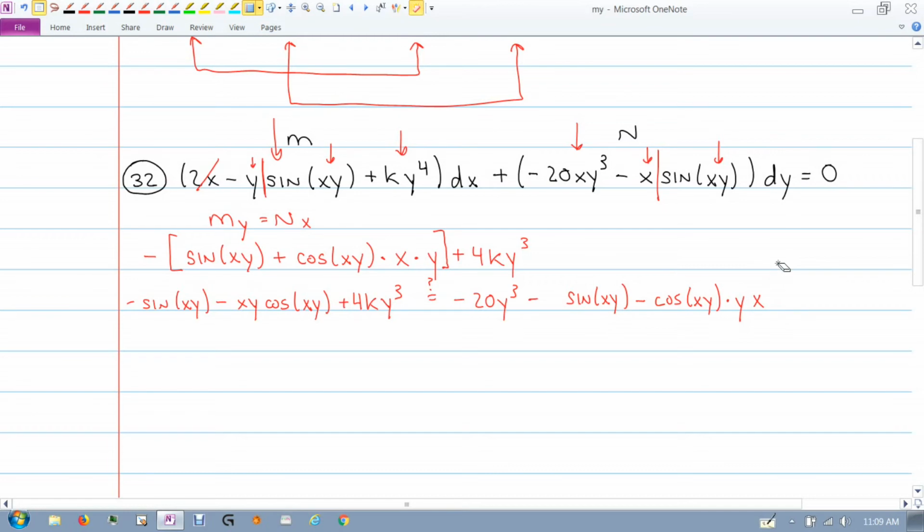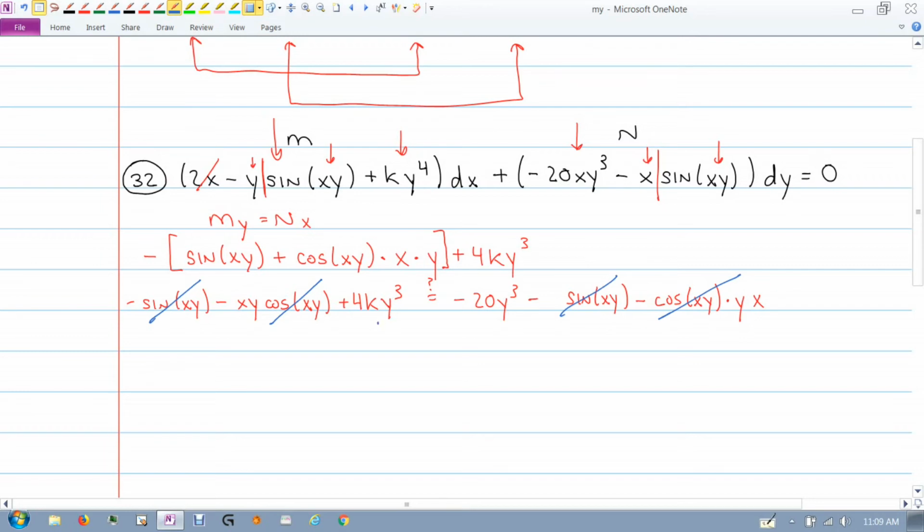So let's see what we've got here. Well, we know that this term and this term cancel each other out, so those are the same. And then these are the same, so they cancel out.